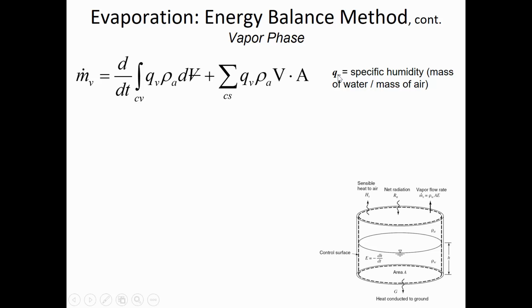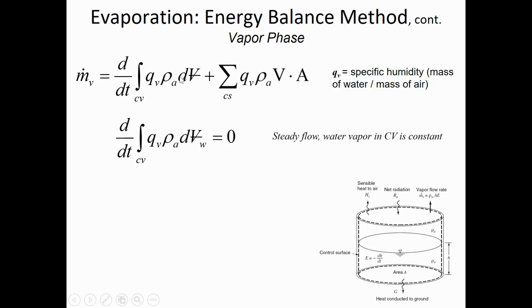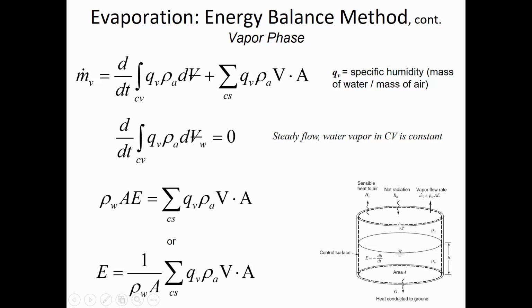It's saying we can have the humidity of the air, the specific humidity, the mass of water relative to the mass of air. So the density of air multiplied by the specific humidity is going to be the amount of water that's in the air, multiplied by the changing volume. We're going to say that there's no accumulation of water vapor in the control volume in steady conditions, and so there's just transport out.